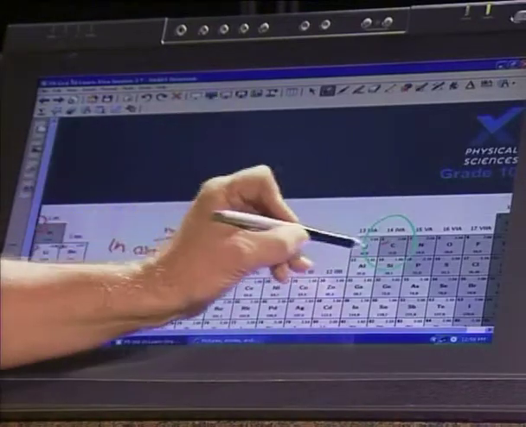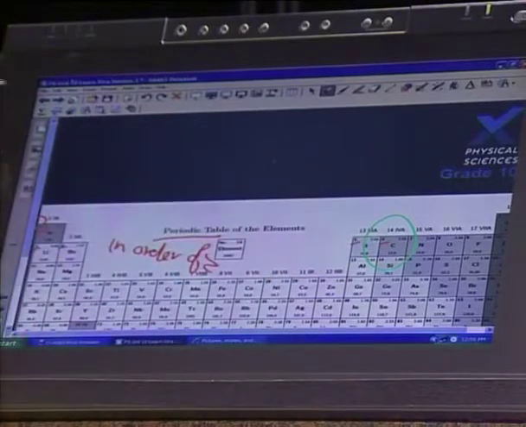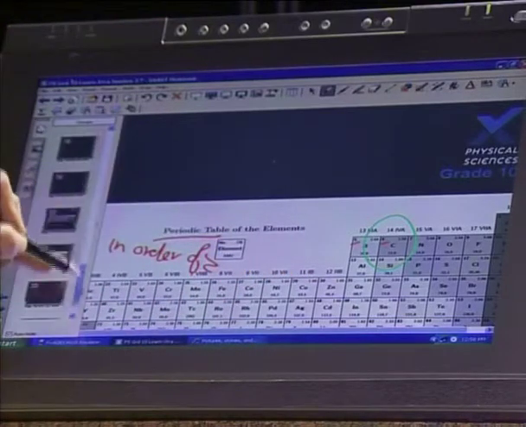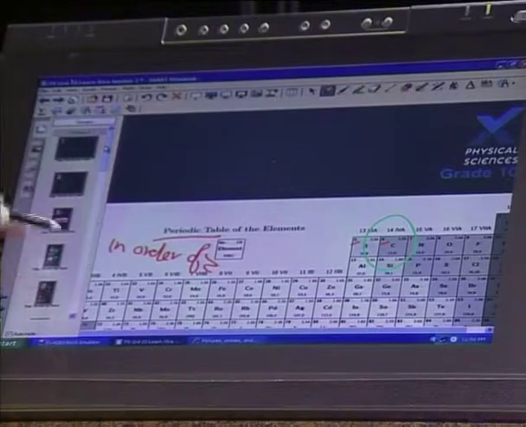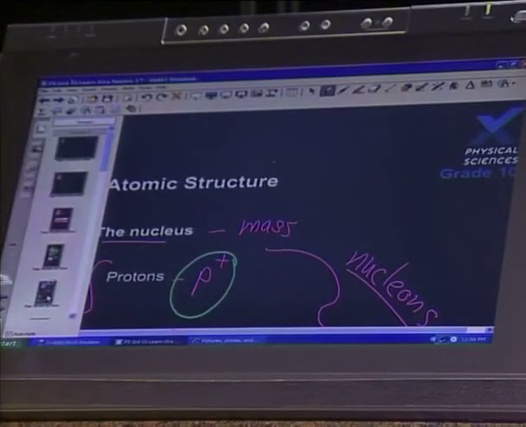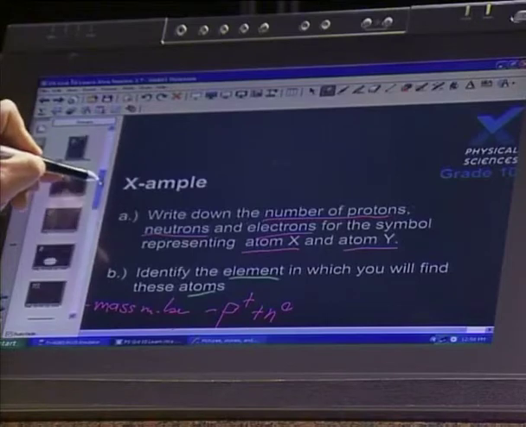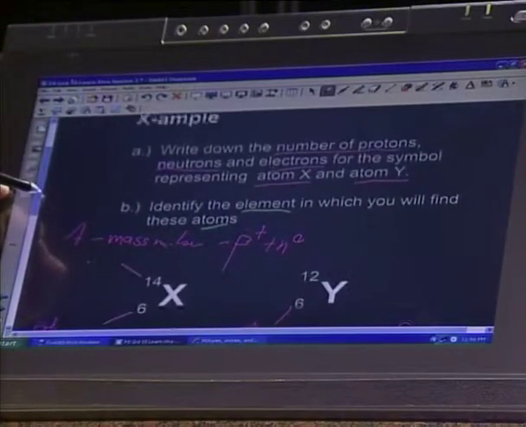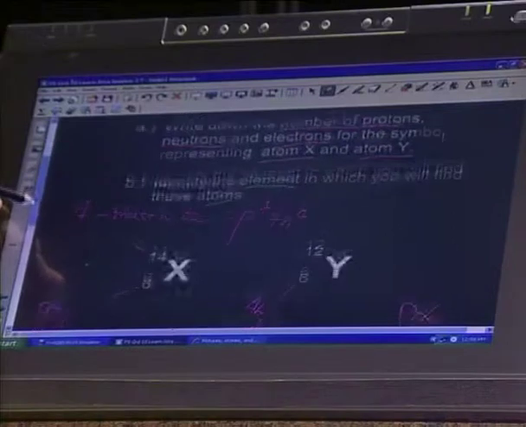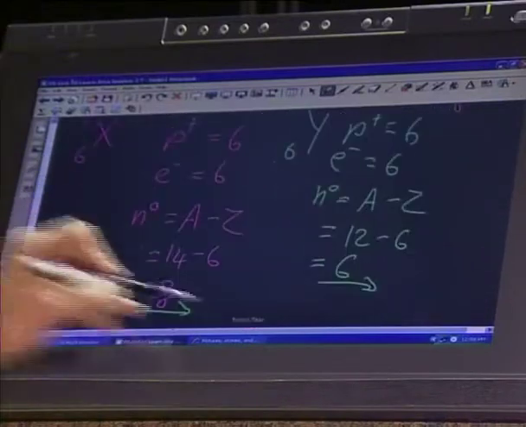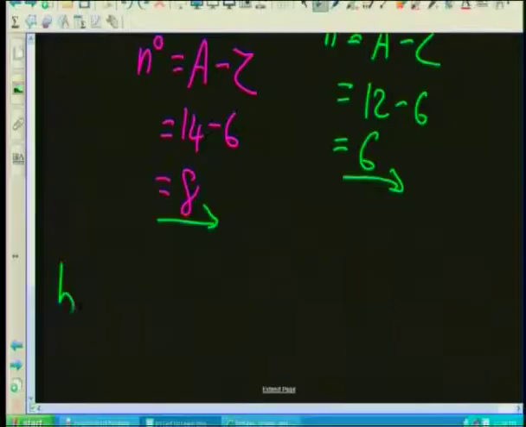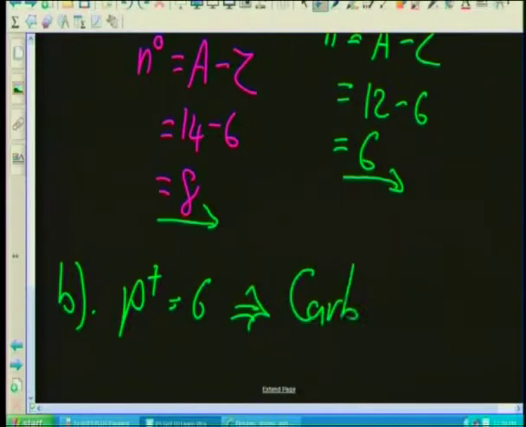There you go. Number 6 is carbon. So we have to look at our periodic table, recognize it's number 6, and then write down the answer in our question. To part B, why would we say it's the atom that this comes from? Well, 6 protons means that it must be carbon.